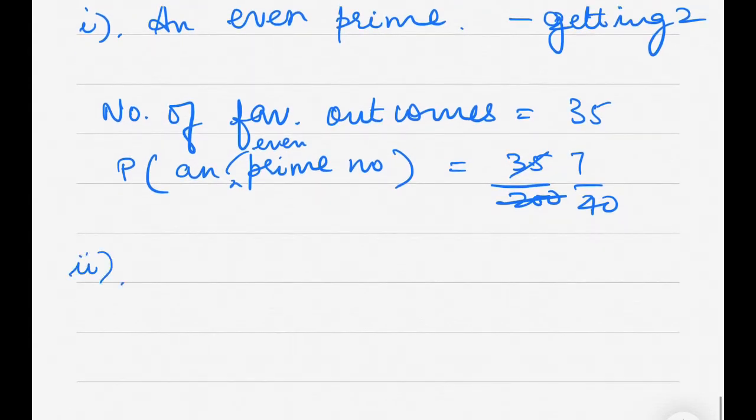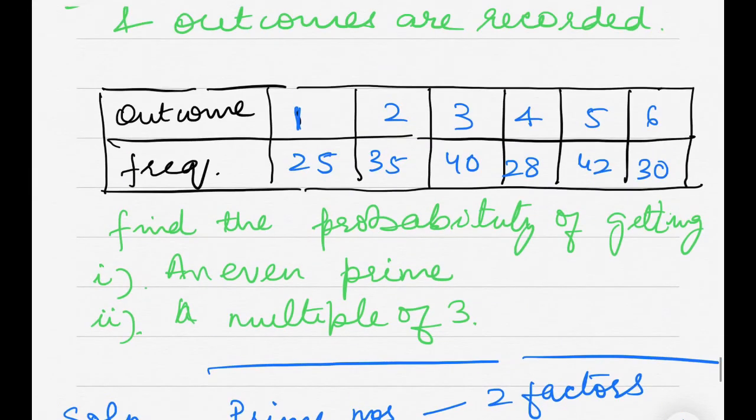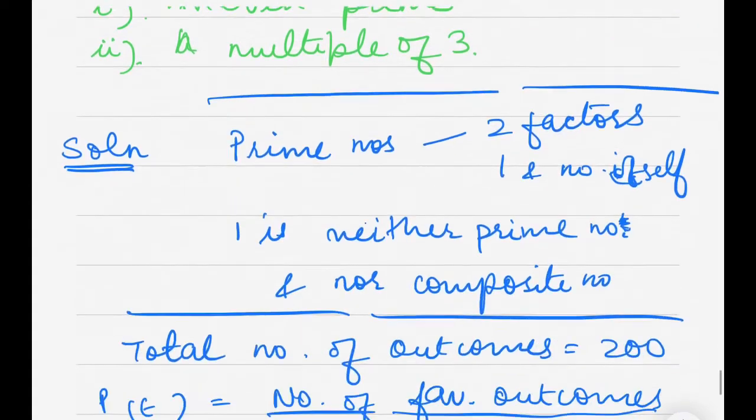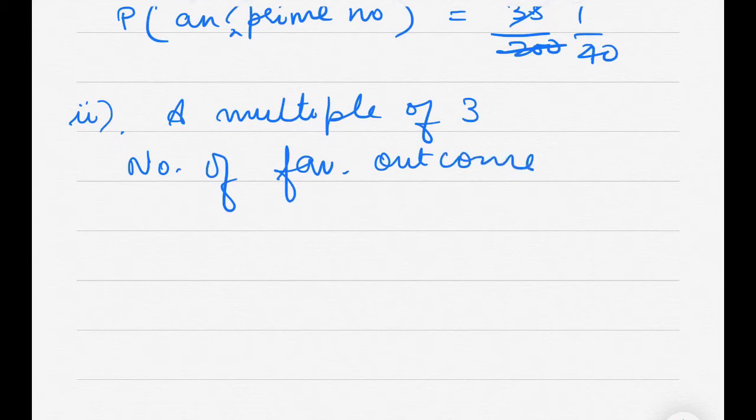Now I move to the second part. The second part says a multiple of 3. How many multiples of 3 are there? Only two, 3 and 6. 3 is 40 times and 6 is 30 times. So my number of favorable outcomes is 40 plus 30, which is equal to 70.